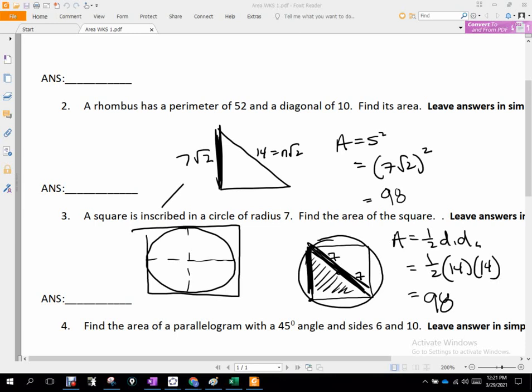Because it's a parallelogram, you can use BH again. Because it's a rhombus, you can use 1/2 D1, D2. So there's a lot of different formulas you can use to find the area of a square, because a square meets the classification of a lot of different shapes. Is that okay with everybody?